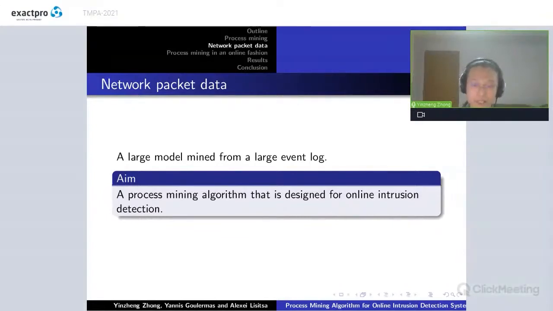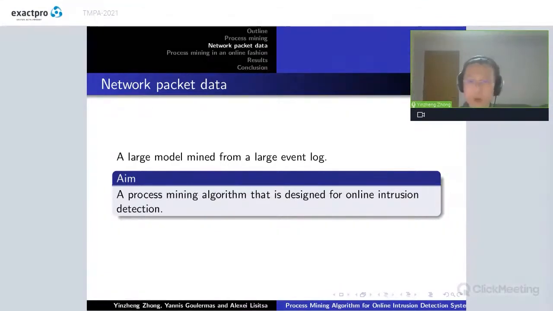It has a lot of data, and from the intrusion detection perspective, we are not expecting to do the analysis after we collect a large quantity of data. What we have to do is do it online. For example, for each single packet we receive, we have to determine if there is an intrusion or not. So we have to make this process mining online.